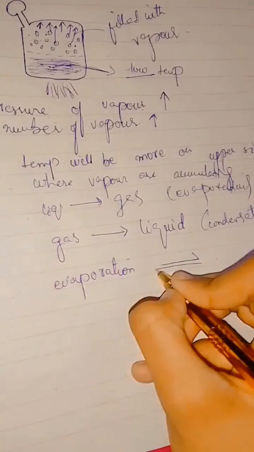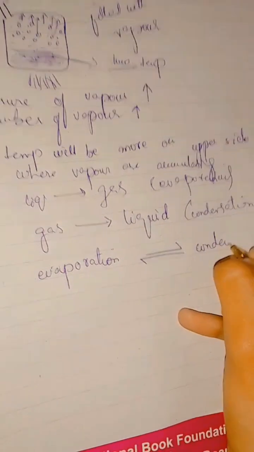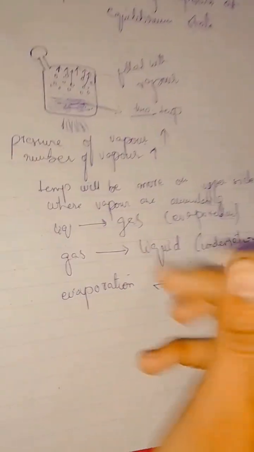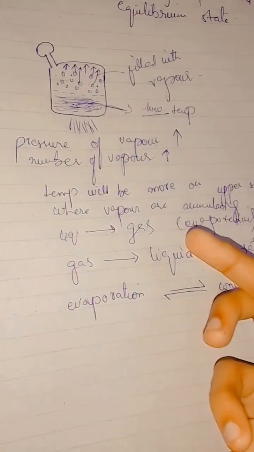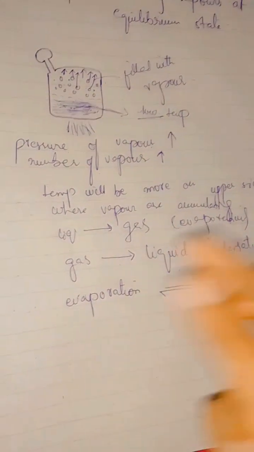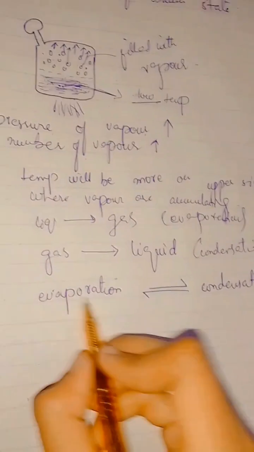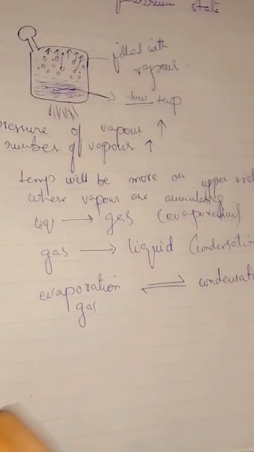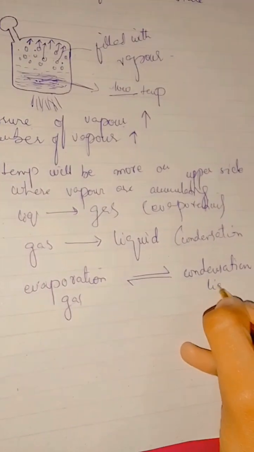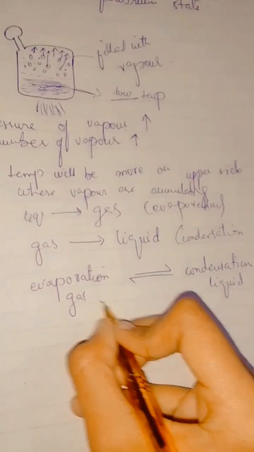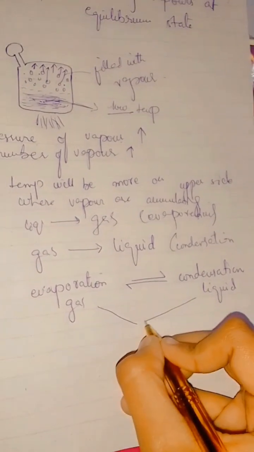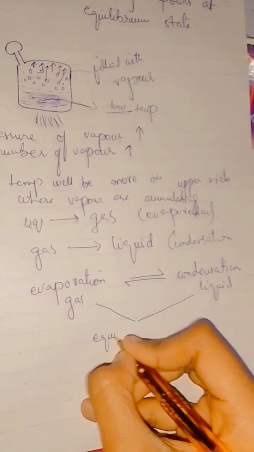They are equal because first the liquid converted into gas and then the gas converted into liquid. Evaporation means it has converted into gas and condensation means it has converted into liquid. Now they formed an equilibrium.